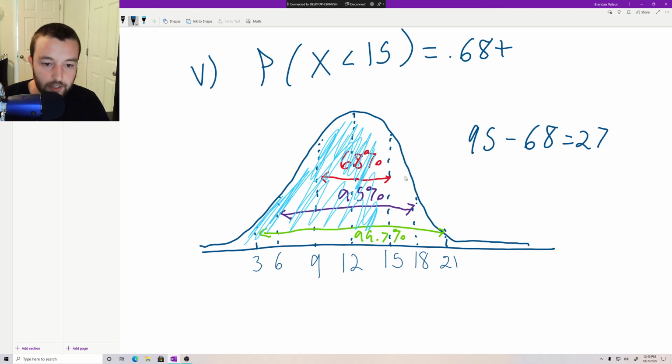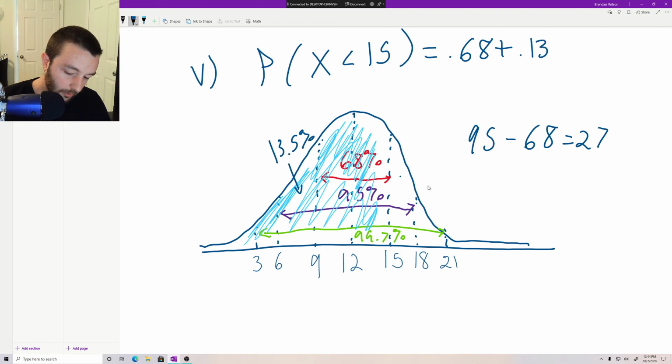So that means that this region right here plus this region right here has to have a total of 27%, right? Because these two added together being 27% plus this one being 68% gives us the total of 95%. And again, they're symmetrical, so they'll each have half of that. So 27 divided by 2 is 13.5. Okay, so this is 13.5%. So this will be 0.135.